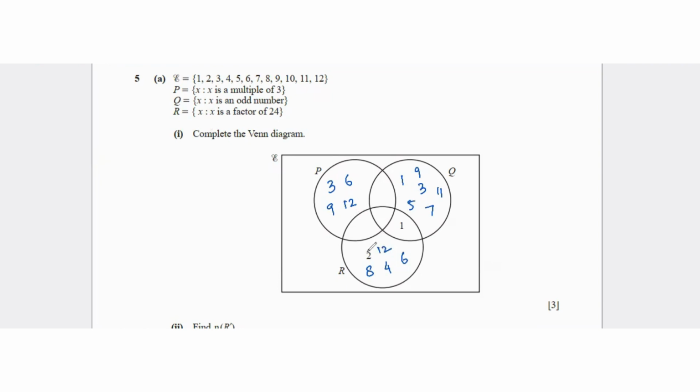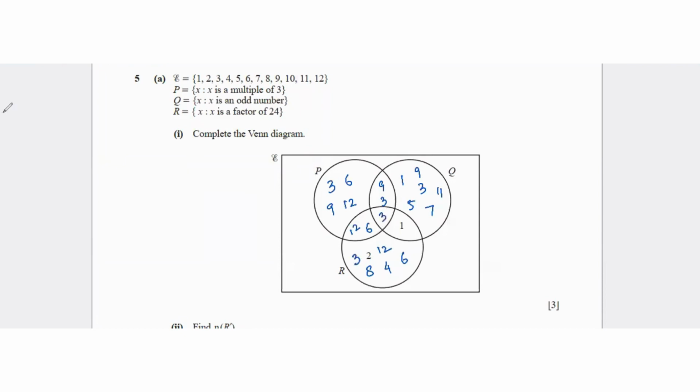Now between P and R, we have 12 and 6 common. Between P and Q, we have 9. All of them have 3 in common.